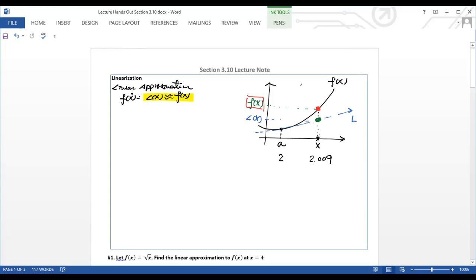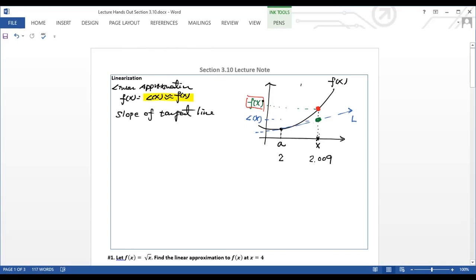We have been working with the slope of the tangent line for this whole unit.